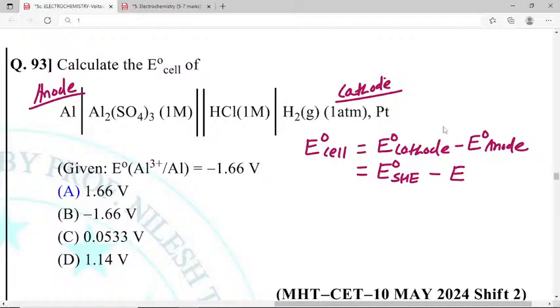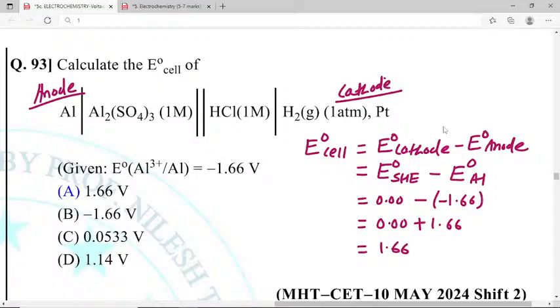Anode is aluminum. So what is the value for SHE? 0.00 minus aluminum has the value. Cathode minus anode. So what is the aluminum value? Minus 1.66. So minus minus becomes plus. So 0.0 plus 1.66 is equal to 1.66. So answer A.